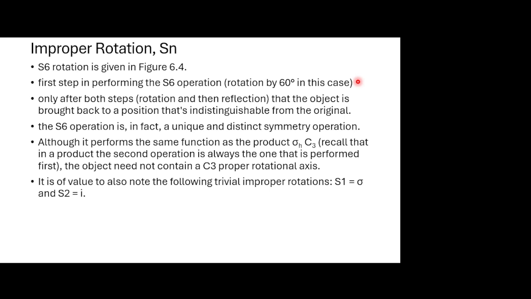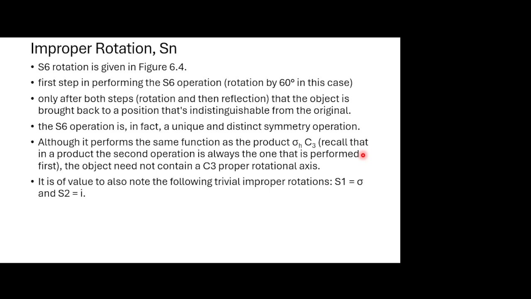The S6 operation is a unique and distinct symmetry operation. It has its own properties, and it actually has real-world results that change the spectra of these things. So yes, it's a combination, but it actually is a real thing.